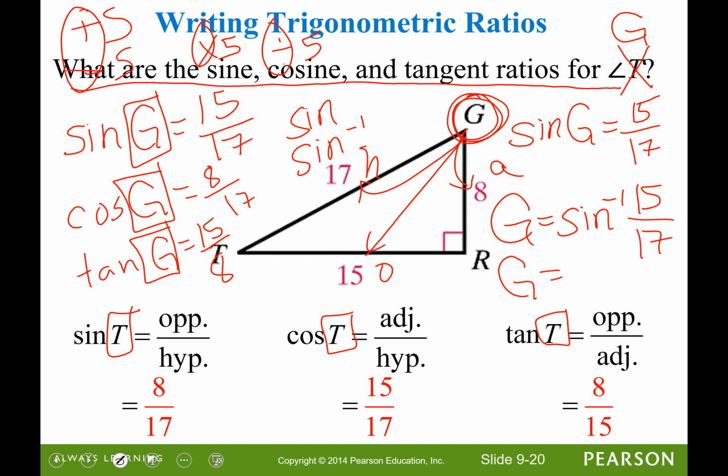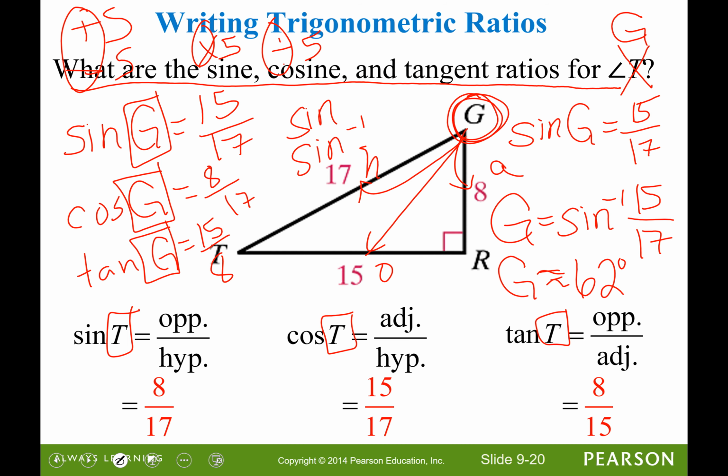And I'm getting that it is approximately, I'll go to the nearest degree, approximately 62 degrees. I should write approximately then. So by knowing that this was a right triangle and knowing at least 2 of the side lengths, we can find the measure of angle G, approximately 62 degrees.